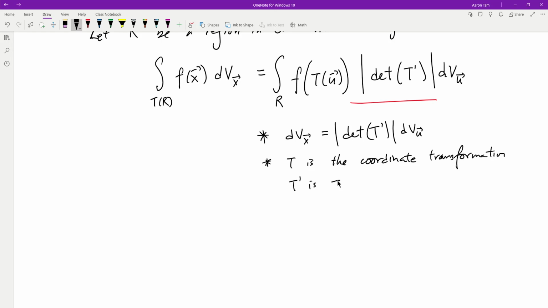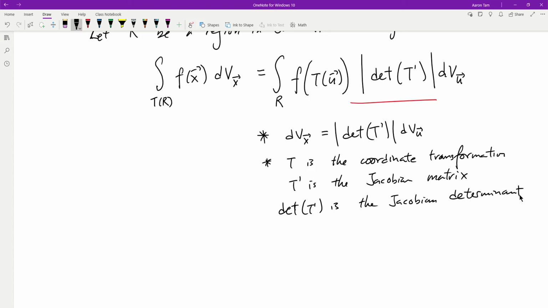So T prime is the Jacobian matrix. Then what is the determinant of T prime? That is called the Jacobian determinant, which is basically the determinant of the coordinate transformation derivative matrix.